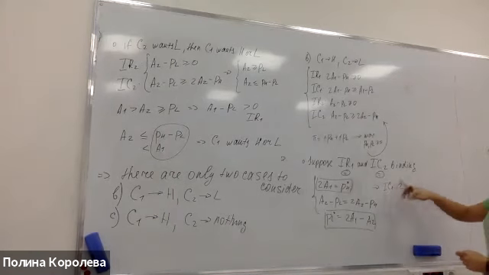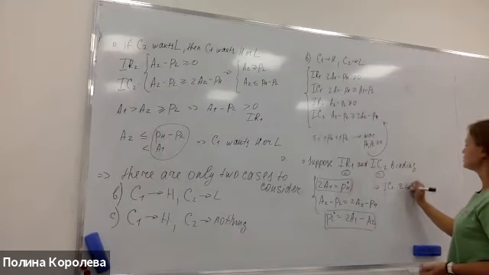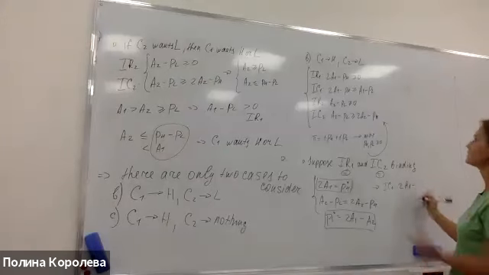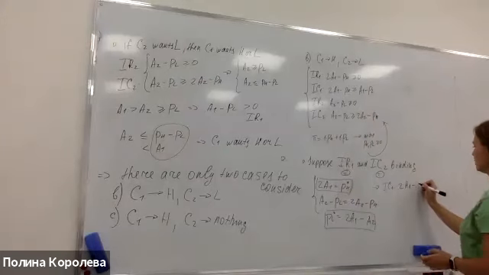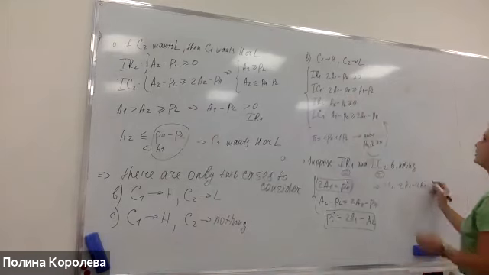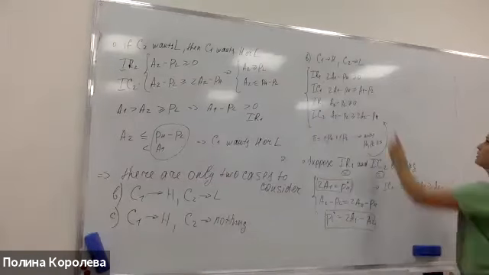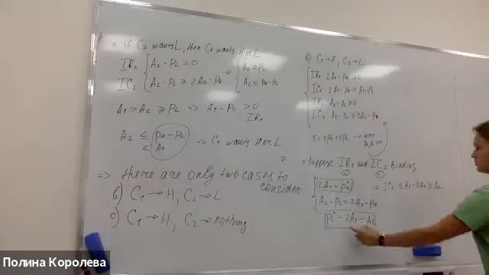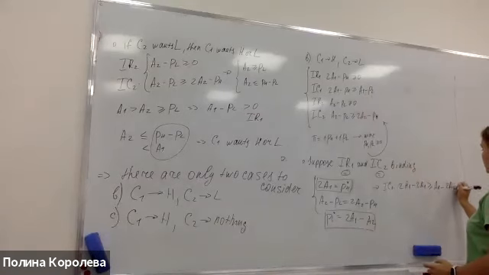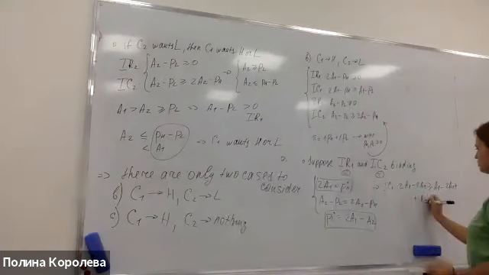Incentives compatibility for the first: 2A1 minus pH, minus 2A1, should be greater or equal than A1 minus price of low quality, minus 2A1 plus A2.